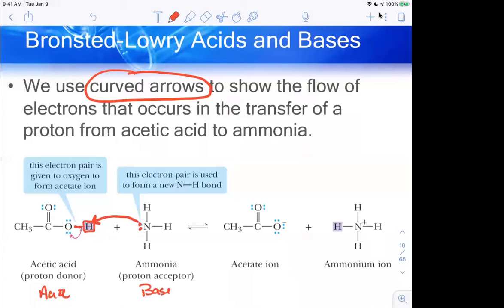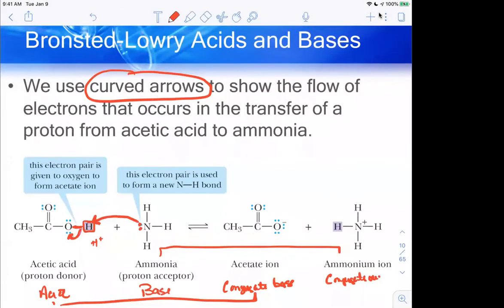These electrons, that bond is breaking. I'm only getting the H+ transferred. These electrons here are staying on the oxygen. So this becomes the conjugate base, and this is one pair. This becomes the conjugate acid, and this is the other conjugate acid-base pair.